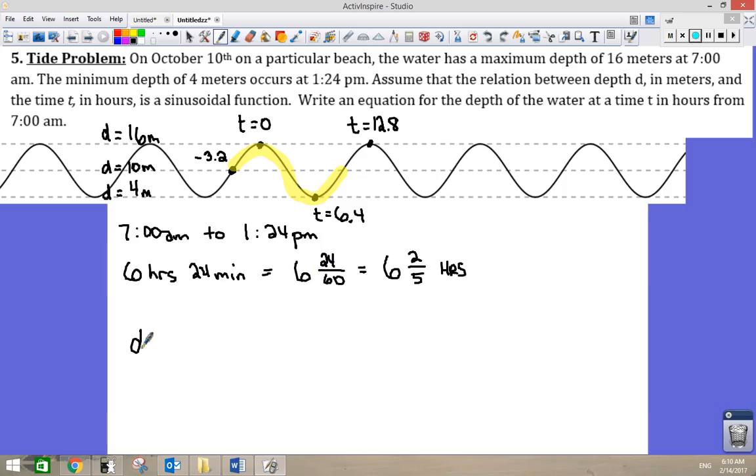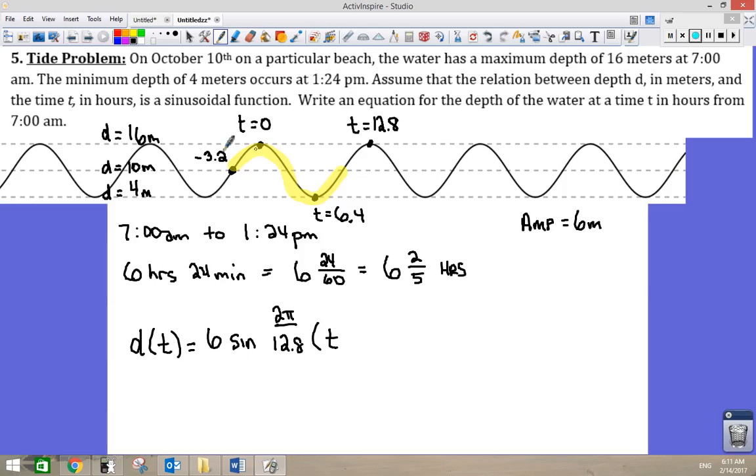So this depth is a function of time. Let's see, if we've got our amplitude is 6 meters. Our period is 12.8 hours.